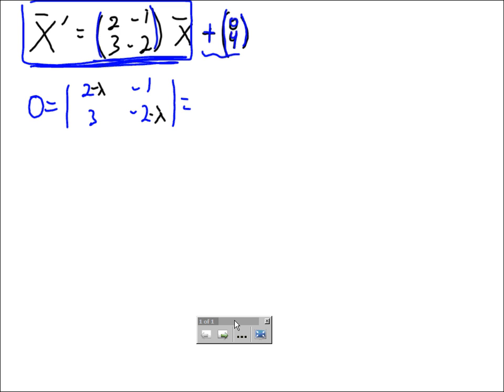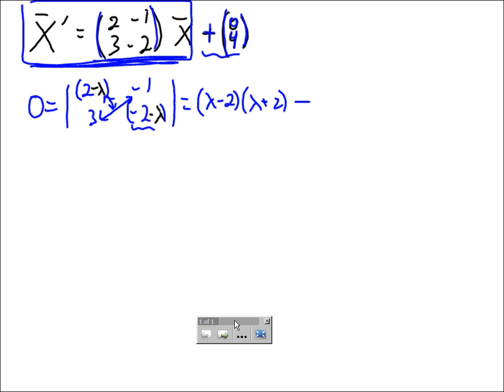Now I hate when I have negative lambdas. So I'm going to get a quadratic equation, and I'd rather it be like lambda minus 4 times lambda plus 5 as opposed to 4 minus lambda times 3 minus lambda. Well, I need to compute the product of those two, but I can negate both of them. So I get lambda take away 2 times, you negate that, you get 2 plus lambda, or lambda plus 2, minus that product.